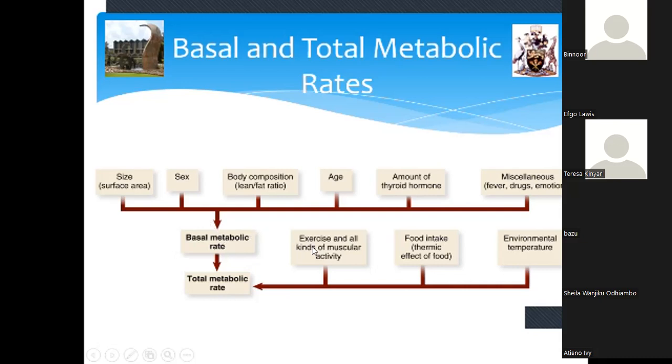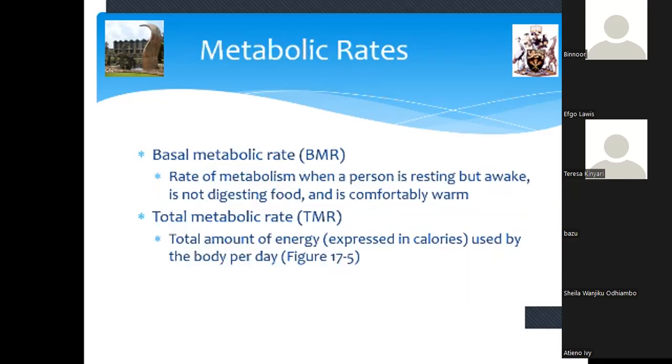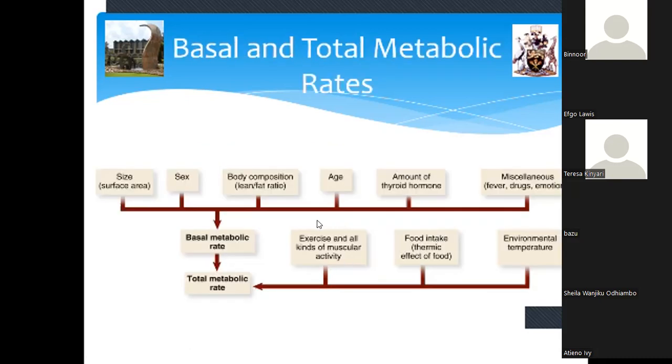Exercise and all the other kinds of muscular activities will also contribute. Remember, we said the total metabolic rate is the total amount of energy used by the body in a day. So exercise and all the kinds of muscular activity will contribute to the total metabolic rate. The food intake, the thermic effect of food, the thermodynamic energy coming from food will also contribute to the total metabolic rate.